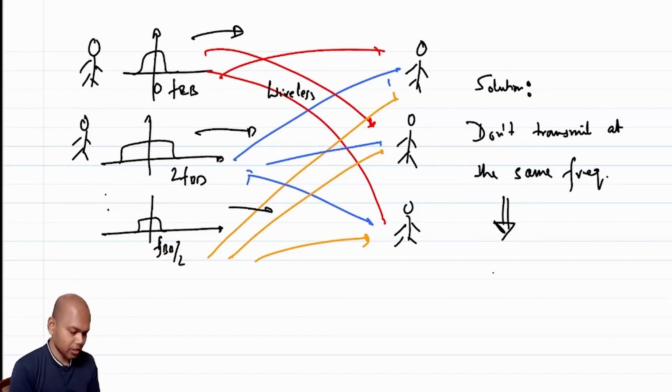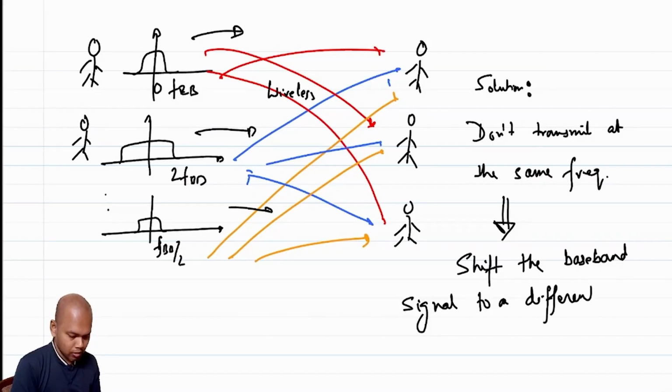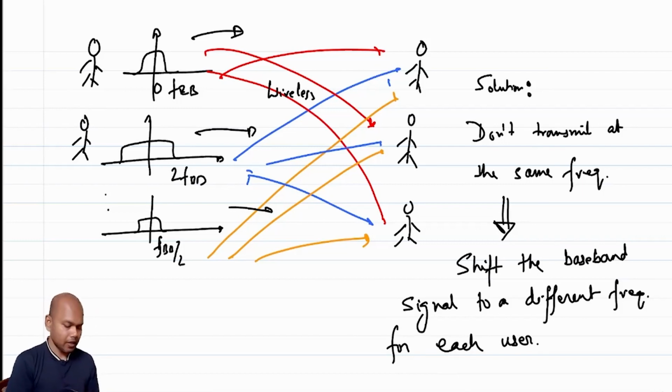So the natural solution is to shift the baseband signal to a different frequency for each user, right?